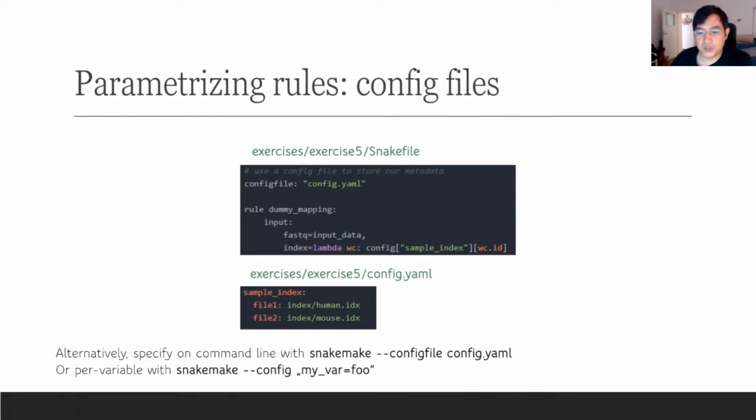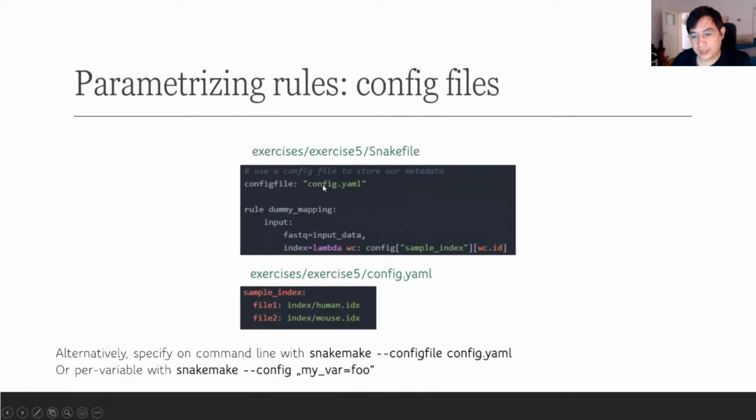So one way to reduce the complexity, instead of having some very complicated dictionary in your snake file, you just separate it out to a separate config file. So here there's a special keyword called configfile, and here we can specify that now our information about these sample indices is going to come from this config file.